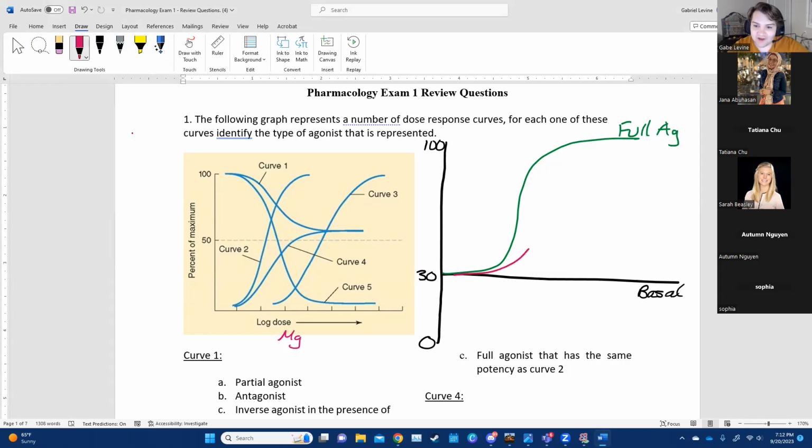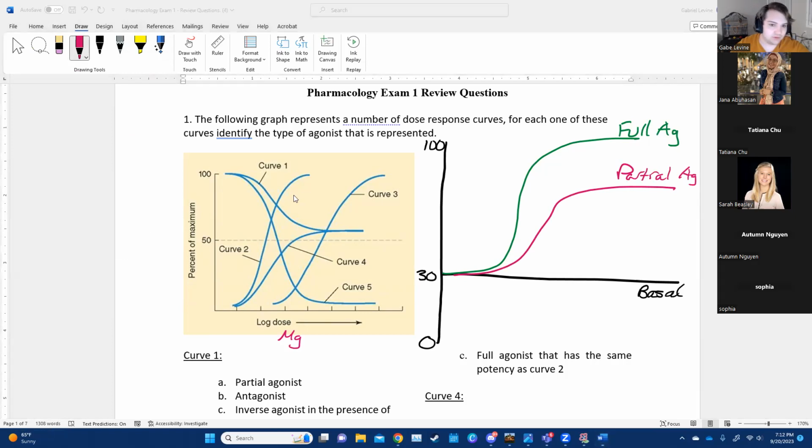Obviously, if you have a partial response to that, so if you're at some amount between the basal activity and the 100% activity, then we would consider you a partial agonist.